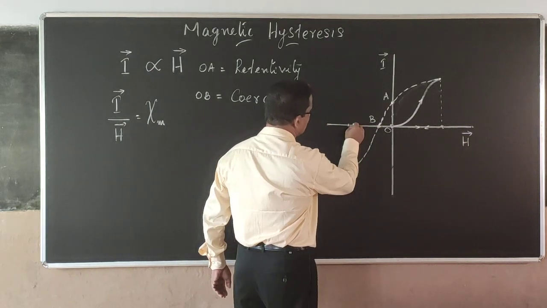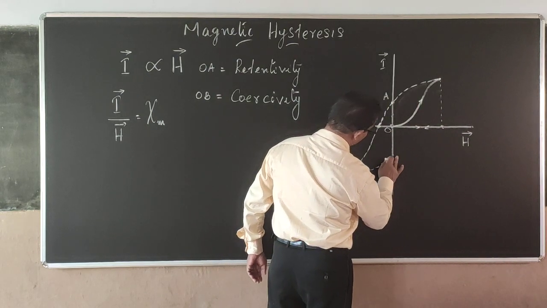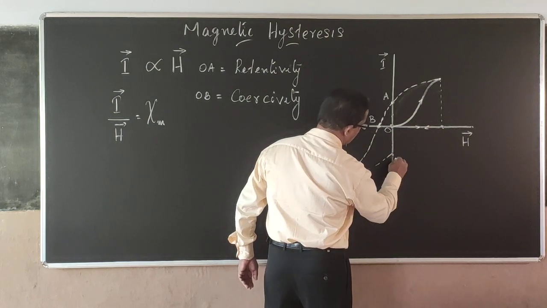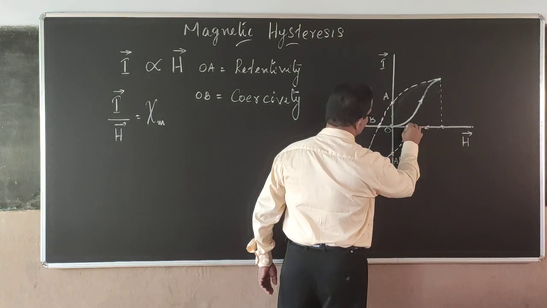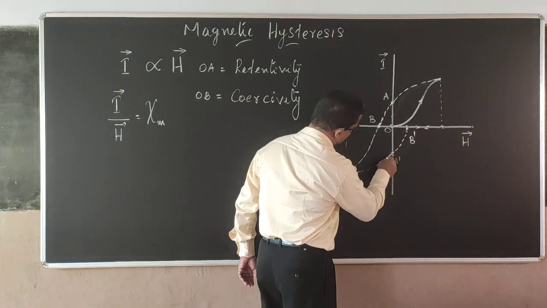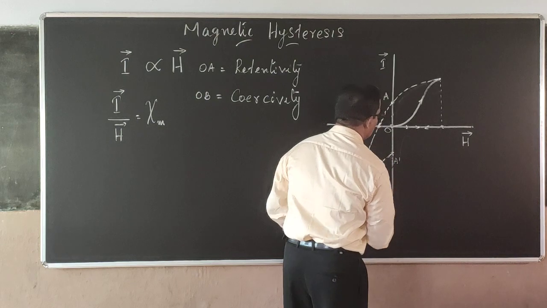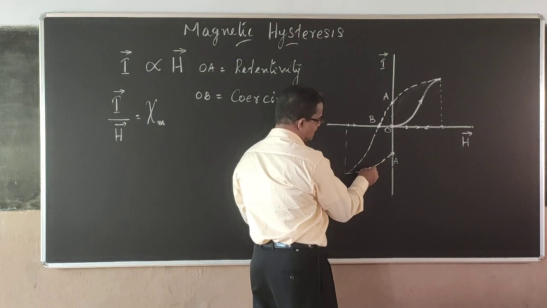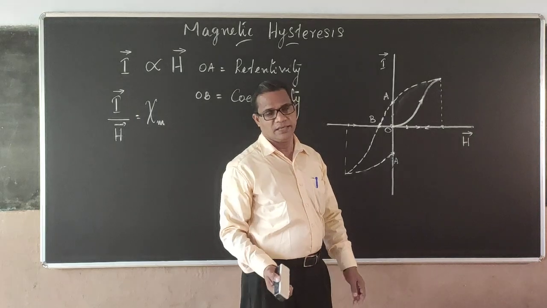And from there, I start reducing the field again. What I can observe is the value OA prime, the remanence. When I make that magnetizing field zero again, the magnetization is not really zero, that is, some amount of retentivity comes again.